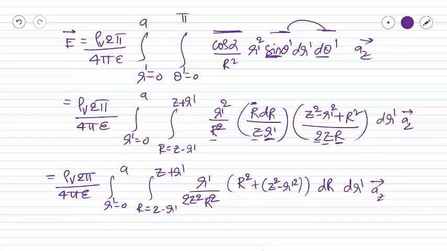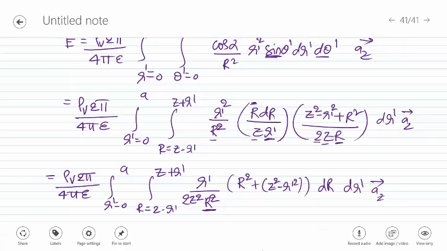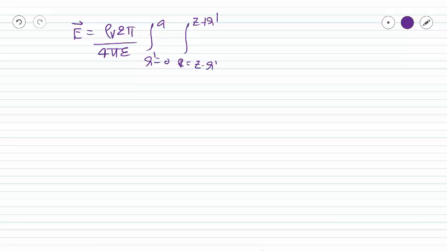Now I will take this R square into these brackets, in the next step. Now the answer turns out to be electric field intensity bar is equal to rho v 2 pi by 4 pi epsilon, r' equal to 0 to a, capital R equal to z minus r' to z plus r'.